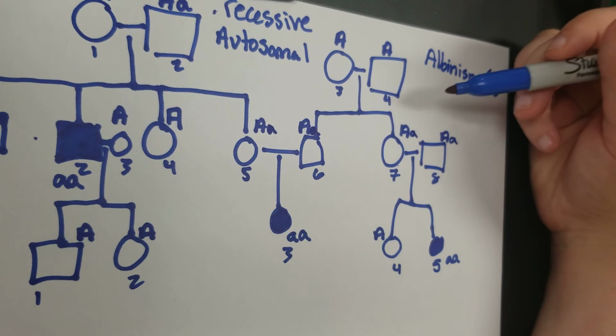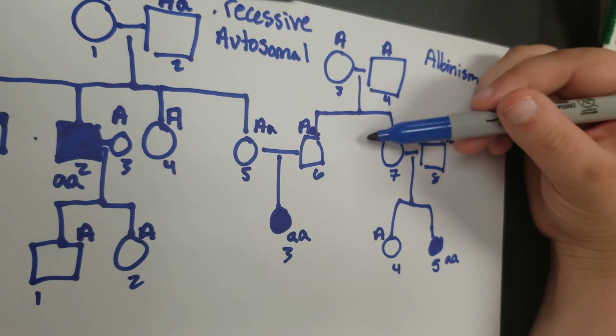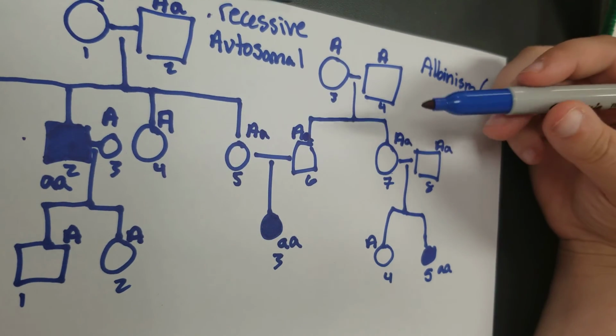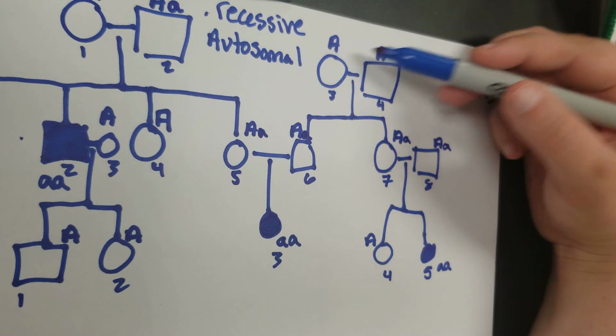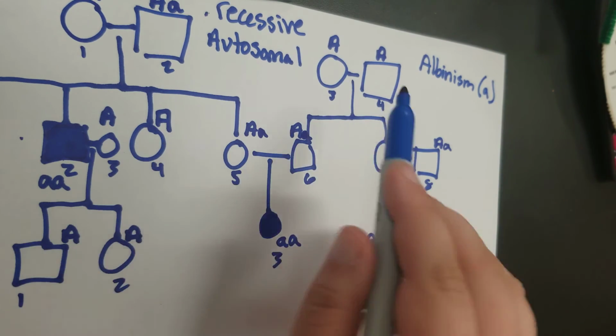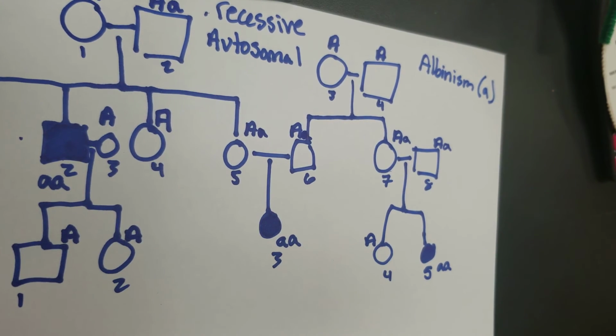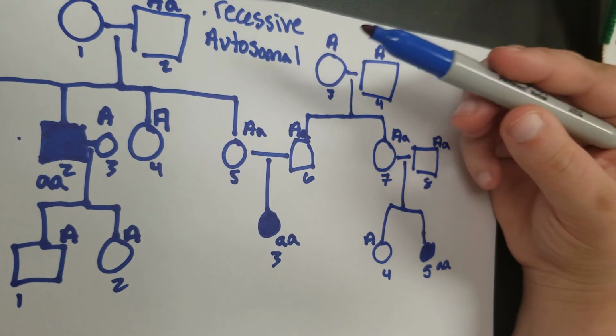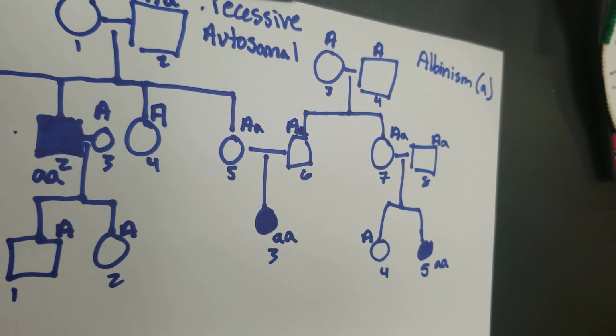For the most part, I'm not going to worry about the ones we can't fill in for sure. Any one of these other people here could either be homozygous dominant or heterozygous. There is no real way to tell. We can give our best guess, but unfortunately with pedigree, sometimes you just don't find the genotypes.